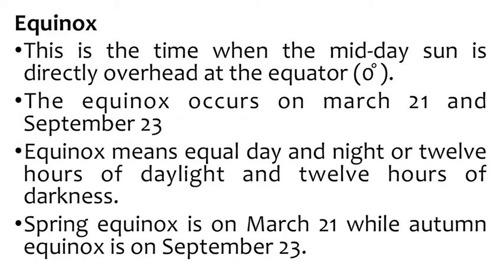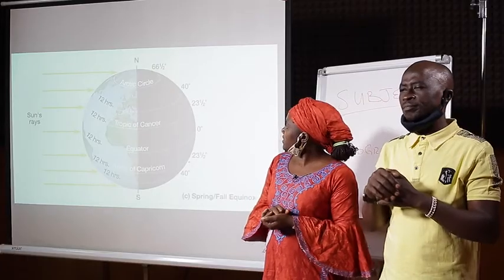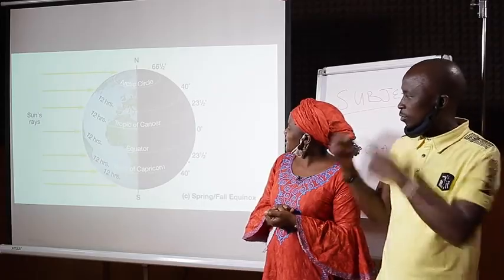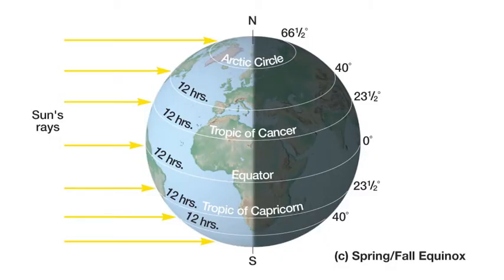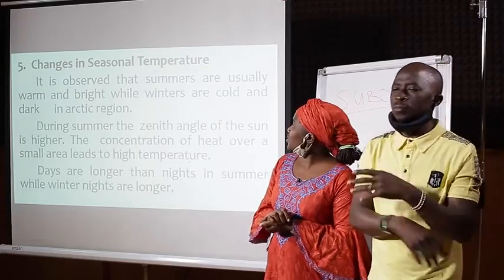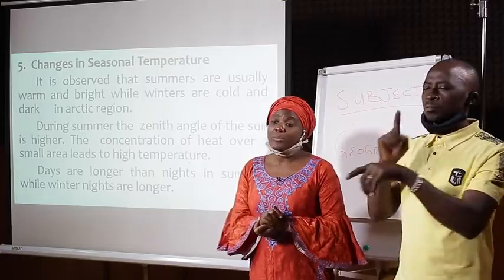Spring equinox occurs on March 21st, while autumn equinox occurs on September 23rd. This is a diagram of equinox. If you look at it, we have 12 hours of daylight and 12 hours of darkness on the entire globe. September 23rd, March 21st.